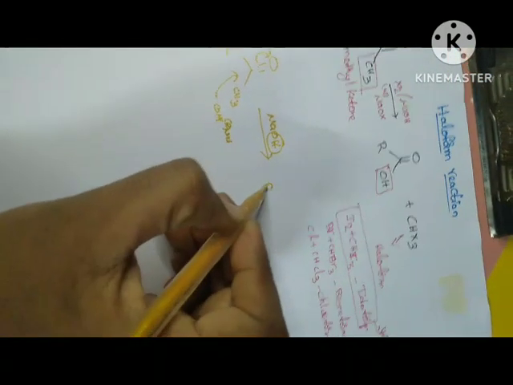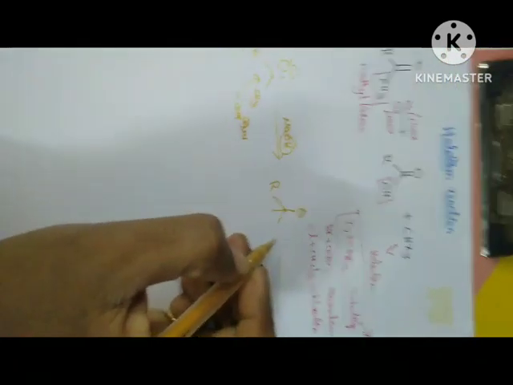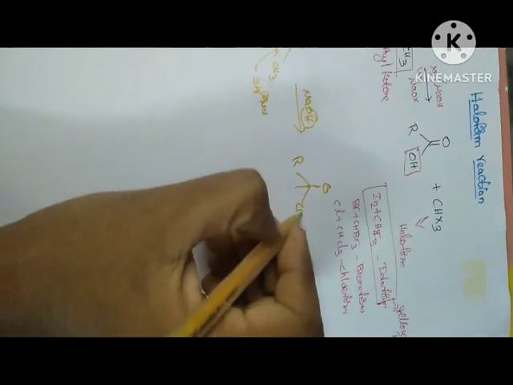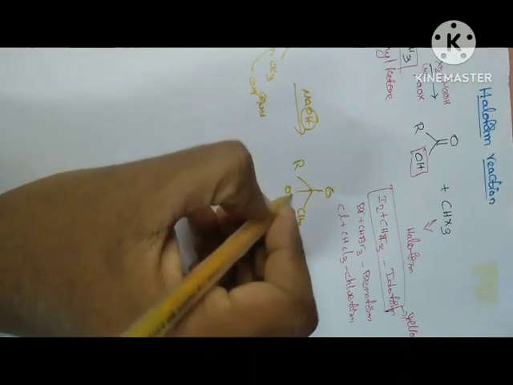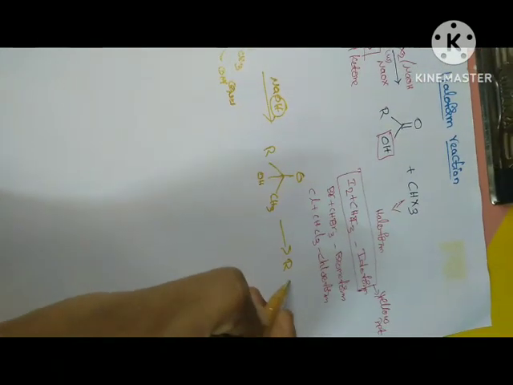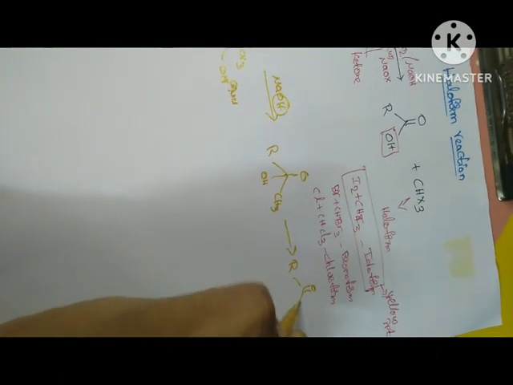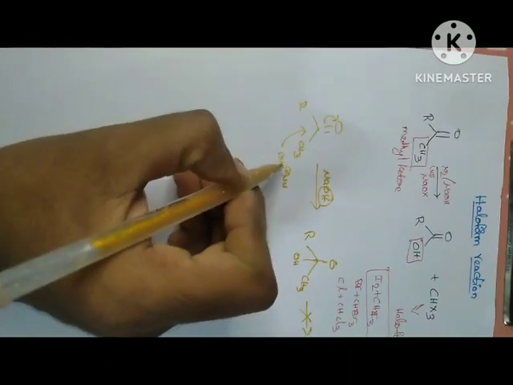The methyl group is converted into hydroxyl group, forming R double bond O OH. It does not occur directly because the hydroxyl group is a nucleophile.